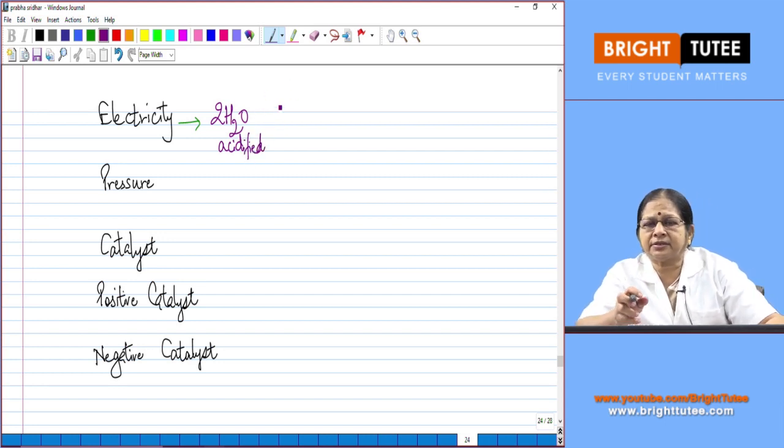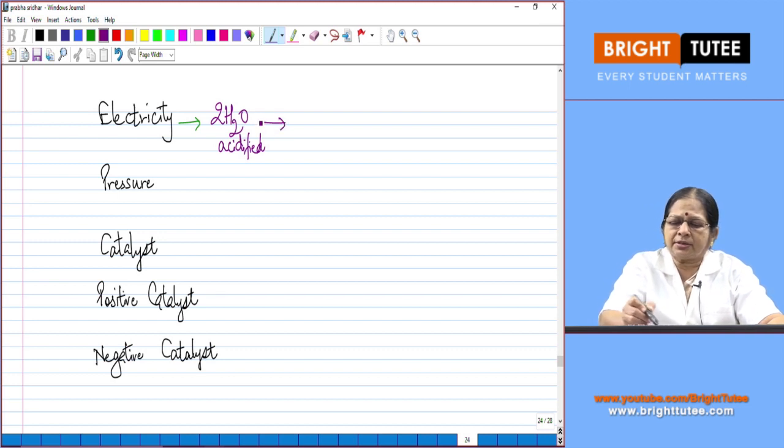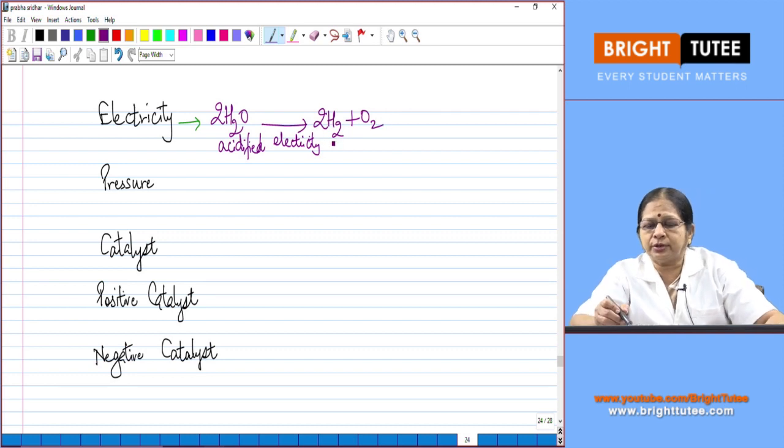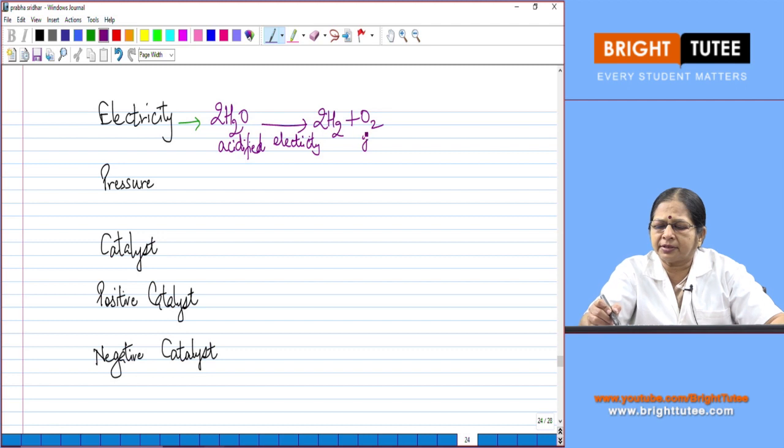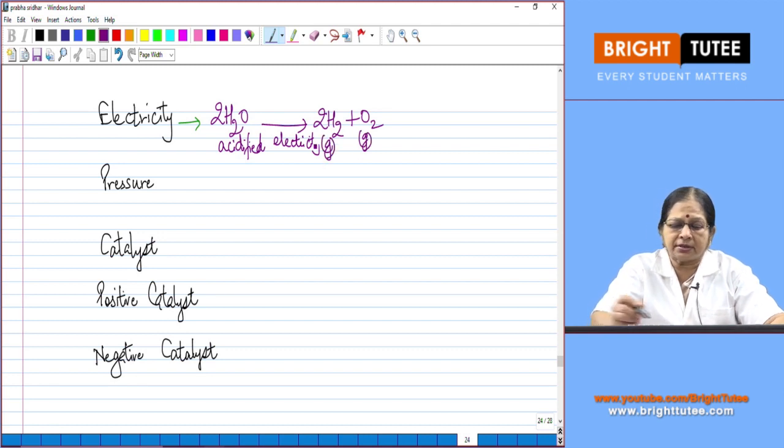One or two drops of sulfuric acid are added to non-electrolyte pure water to make it strong electrolyte acidified water, and when electrical energy is supplied to it, electricity is the major condition. It decomposes water to hydrogen and oxygen, 2 volumes of hydrogen and 1 volume of oxygen. So gaseous substances are formed.